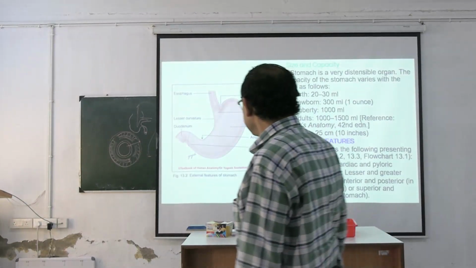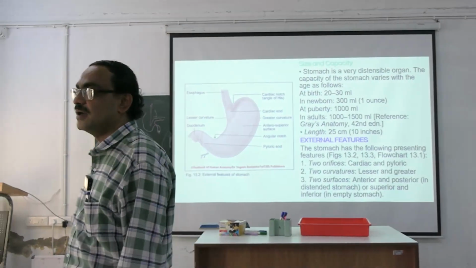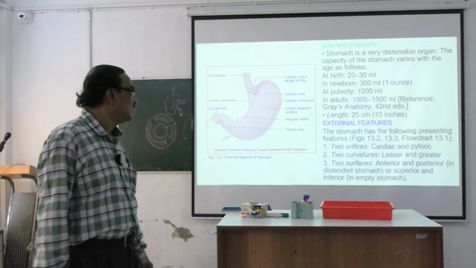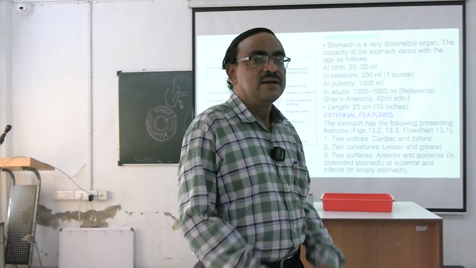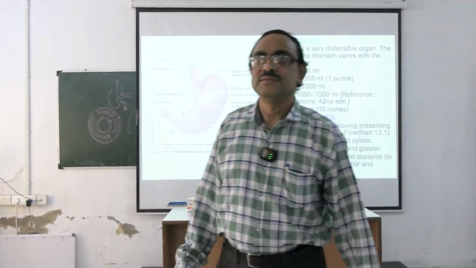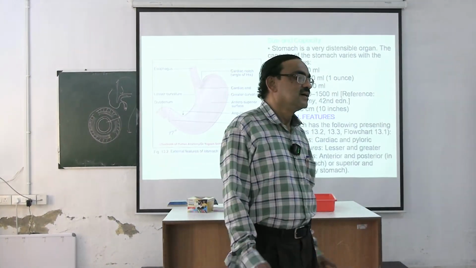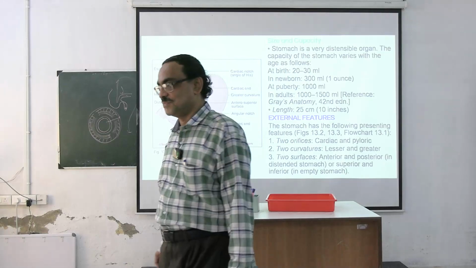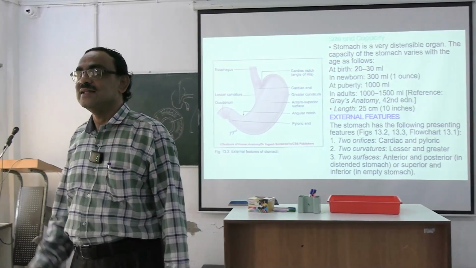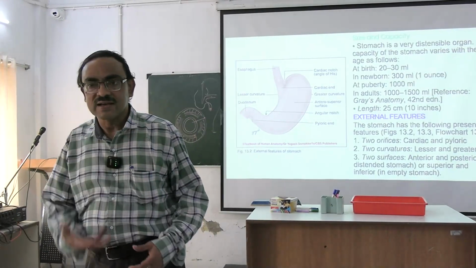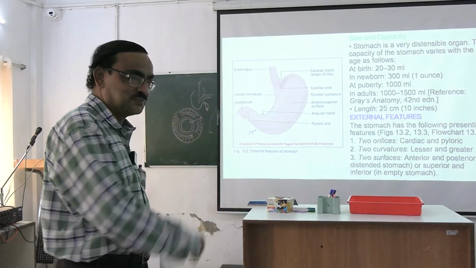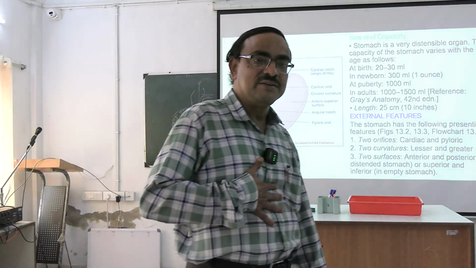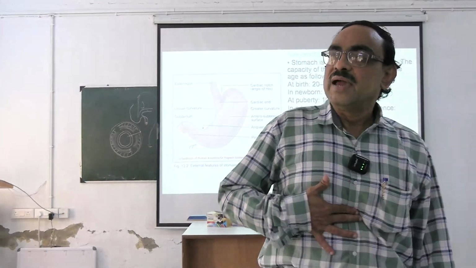Now, you can see what the shape is. In a hypersthenic person, it is cow horn in shape, and in an asthenic person it sags down. And what is the position? It is situated mainly in the epigastrium.